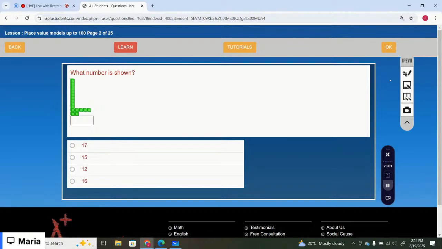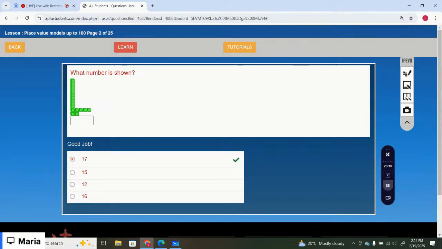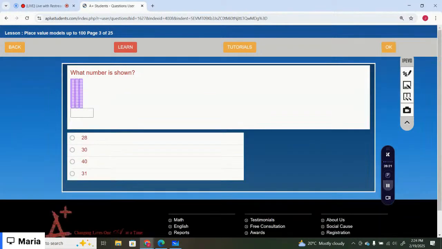Which number is shown? That is 10 and 7 ones. Option number 2 is the correct option.